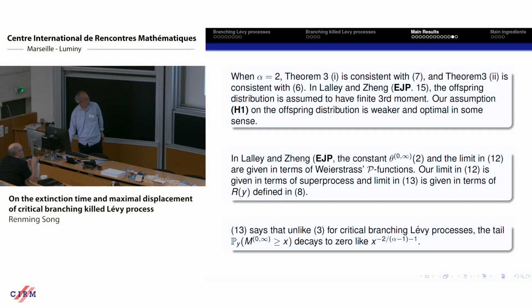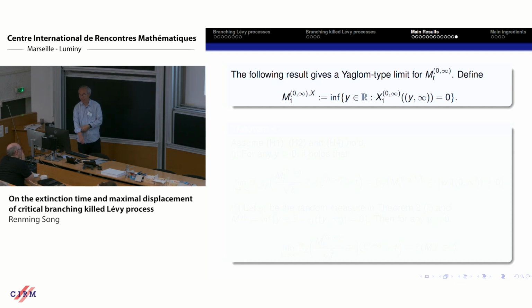That's already mentioned before. When you have killing, the tail behavior is a little bit different. You have some extra minus 1 there. Pay attention to that. Okay, one more result.